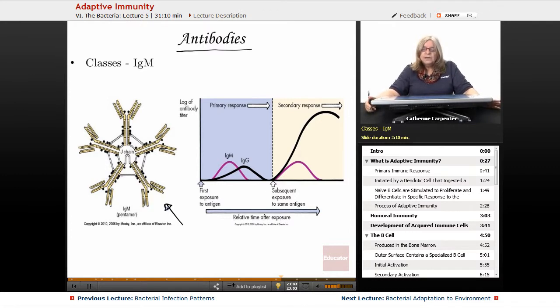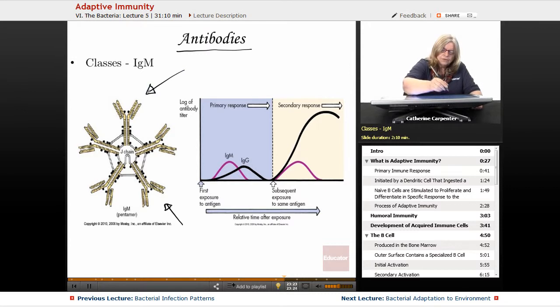You get on the phone and call the locksmith, and they come out to your house with a huge keychain of all these different kinds of keys. They try to find the one that pretty much fits your lock, and then they go and shape it. Well, that's what I like to tell students about these IgM antibodies, because this particular antibody really reminds me of a locksmith's ring of all the different keys.